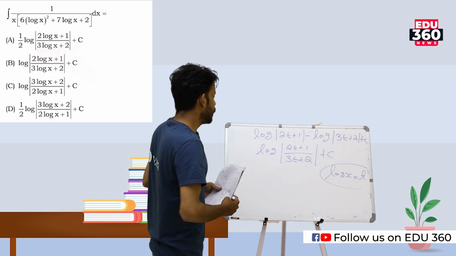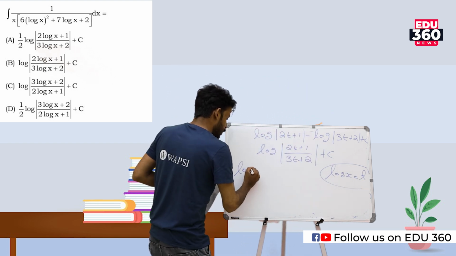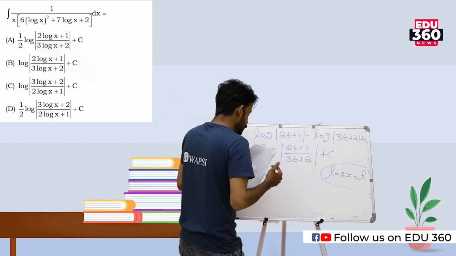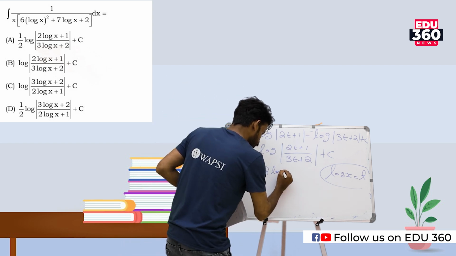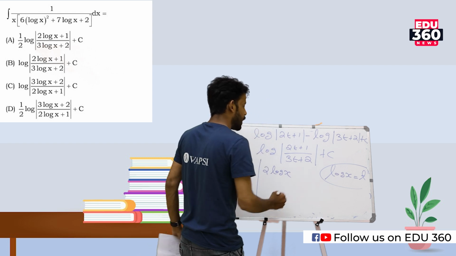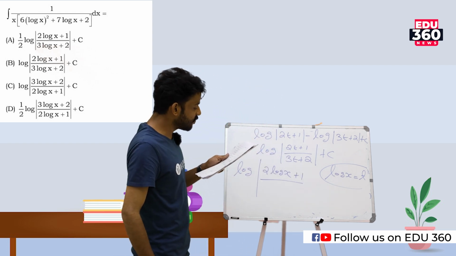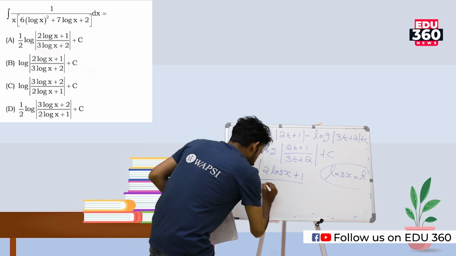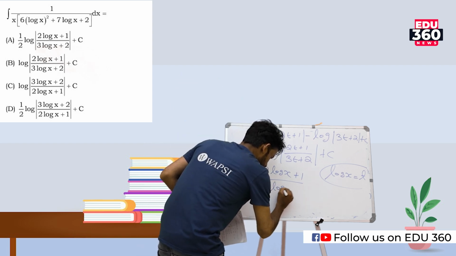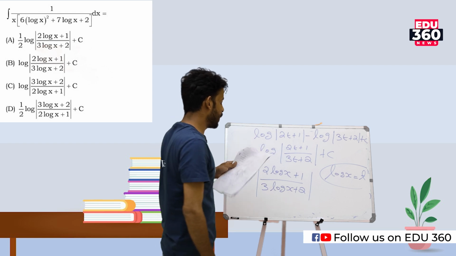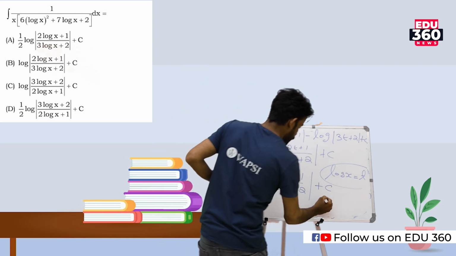So here, just substitute log of modulus 2t, so 2 log x plus 1 divided by 3t. That means 3 log x plus 2, plus c.